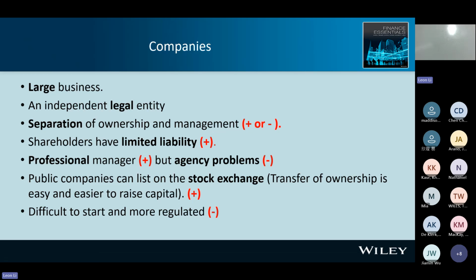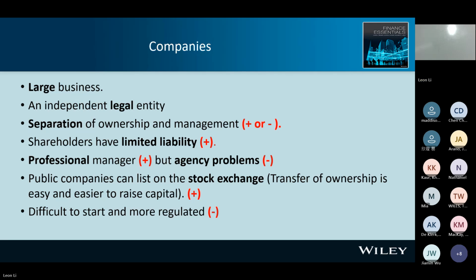The advantage, like a family. Let's compare family. Family is a small business. I'm the owner. I'm also the manager, right? This could be an advantage, right? Because I can make a decision on my own, right? And I consider my own utility. However, separation of ownership and management for a company could be an advantage.